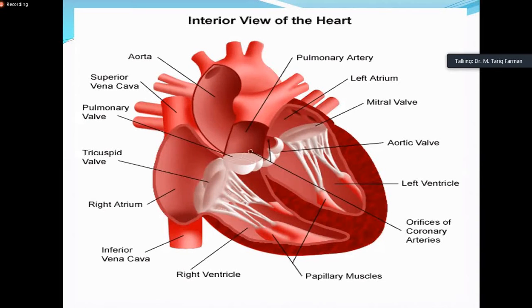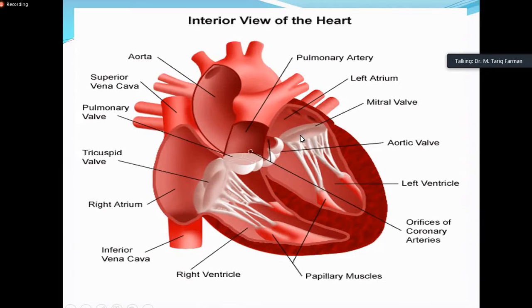Mitral, as you know, the blood comes from the pulmonary veins into the left atrium, and then through the mitral valve that is located between the left atrium and left ventricle, it comes into the left ventricle in the diastolic phase.